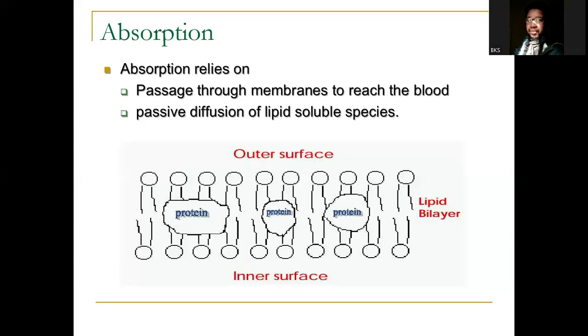Maybe number one, they can diffuse through the skin cells. They pass through the skin cells, go down, enter into the vessels, and finally find themselves in the blood vessels.